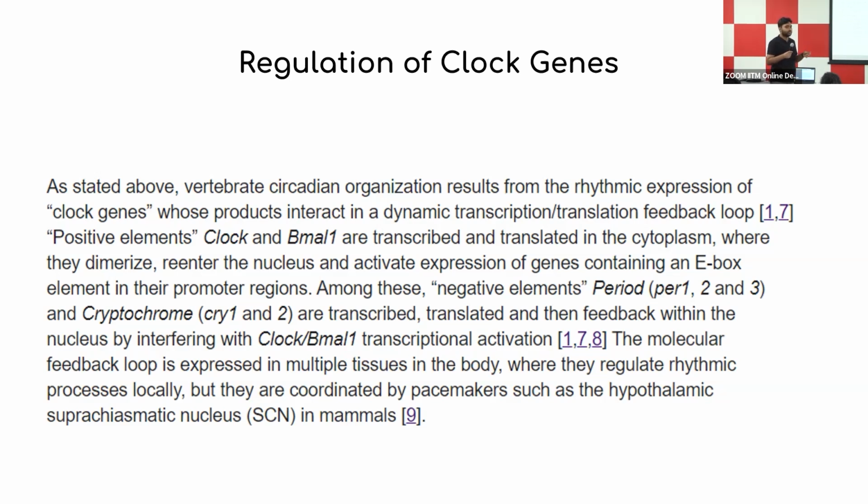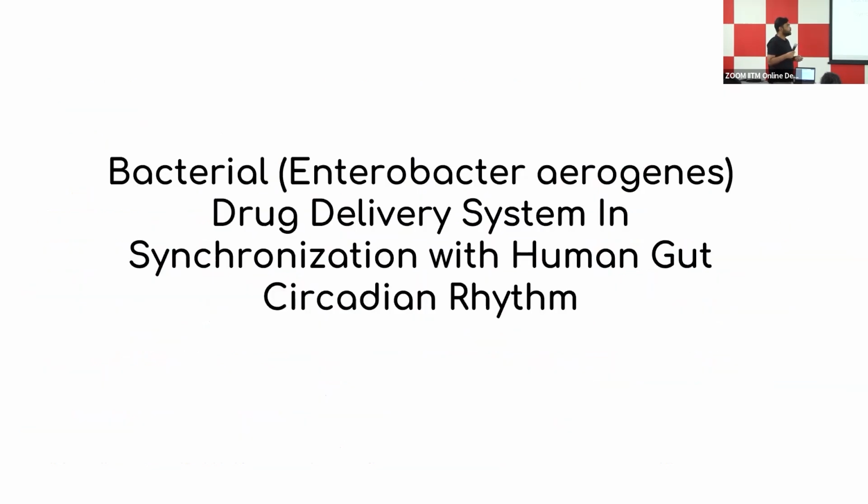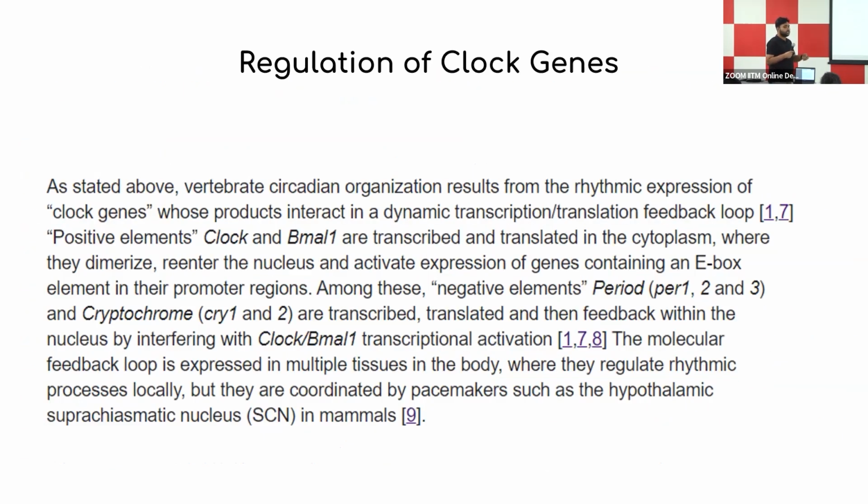Another thing this paper goes into is how exactly did this Enterobacter aerogenes get the circadian rhythm genes? Did it occur by horizontal transfer, or is it an inherent feature of bacteria? The hypothesis is that it is not an inherent feature of bacteria, because other gut bacteria like E. coli do not show any circadian rhythm or any oscillation based on the levels of melatonin.